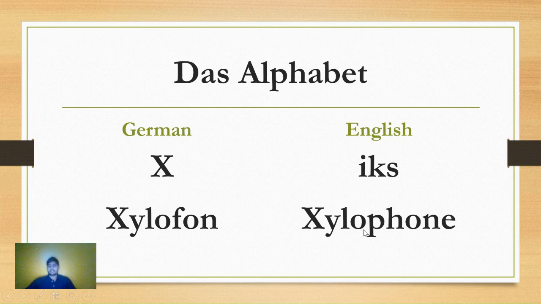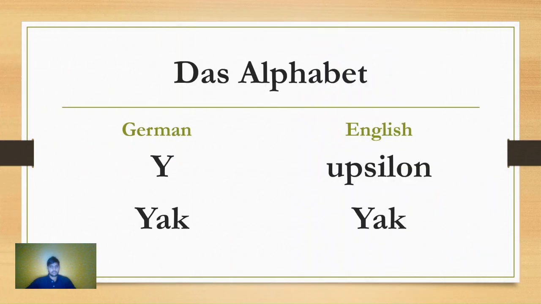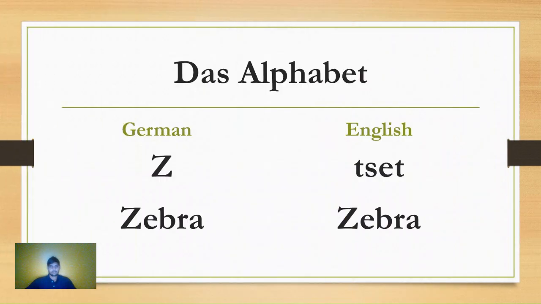In English, xylophone. Ypsilon, yak. Also the same as it is called in English, yak. Zet, zebra. In English, it is zebra. Spellings are the same, letters are the same, but pronunciation is different.